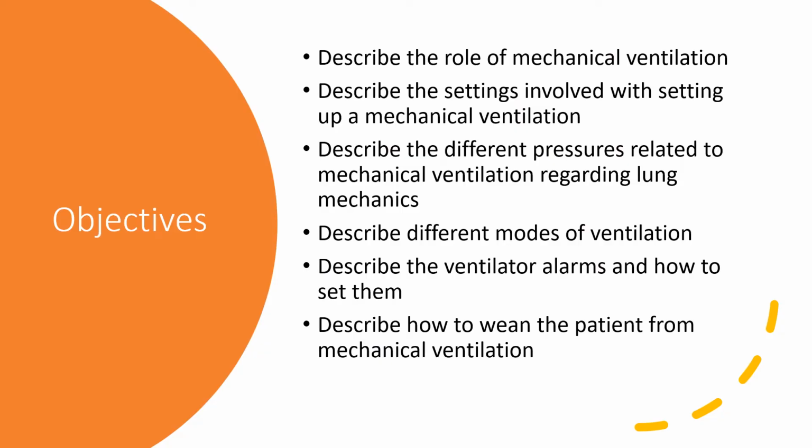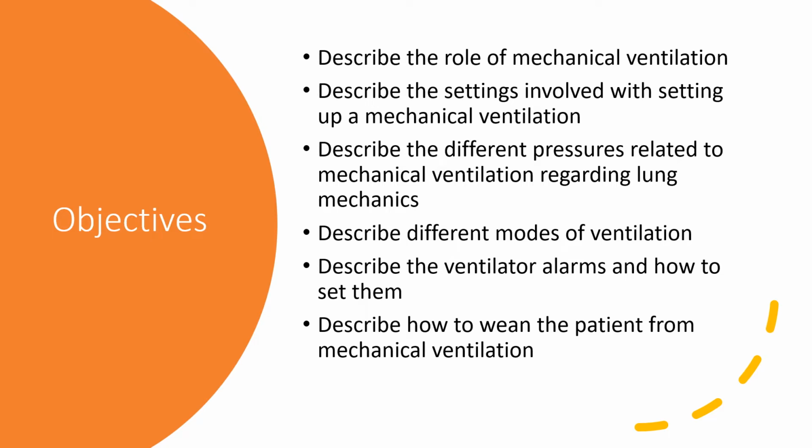Today's objectives are varied. Number one, I'm going to describe the role of mechanical ventilation in patient care. There are many times a patient comes out of the operating room, had general anesthesia, and is fully sedated and paralyzed, and they need some form of mechanical ventilation to breathe. There are types of traumas.